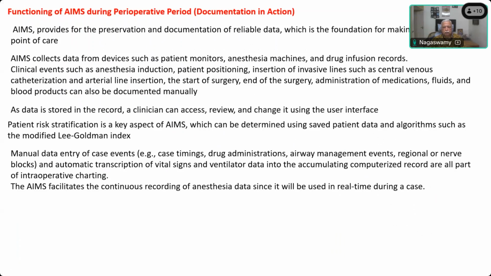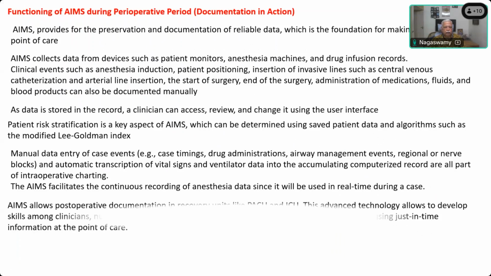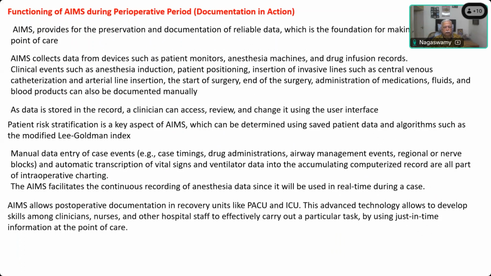So real-time recording can be done, and AIMS allows postoperative documentation in recovery units like PACU and ICU. This advanced technology helps clinicians, nurses, and other hospital staff develop skills to carry out particular tasks effectively. When you see this information, you are able to immediately pinpoint exactly what the problem is.